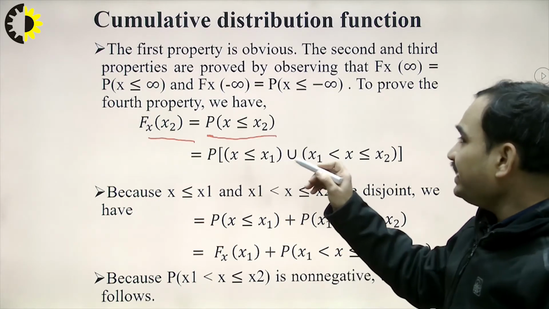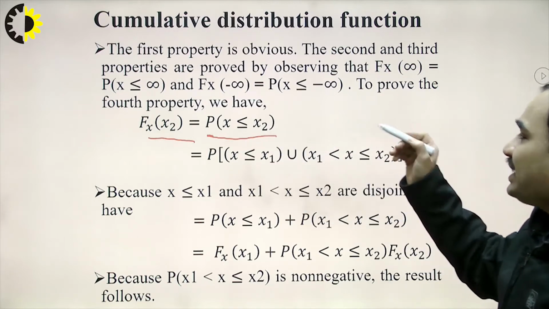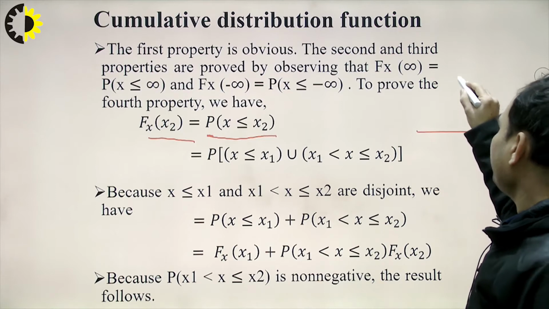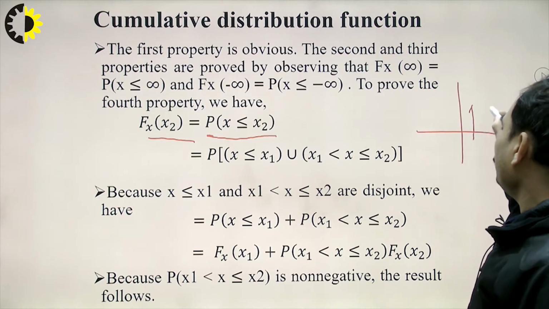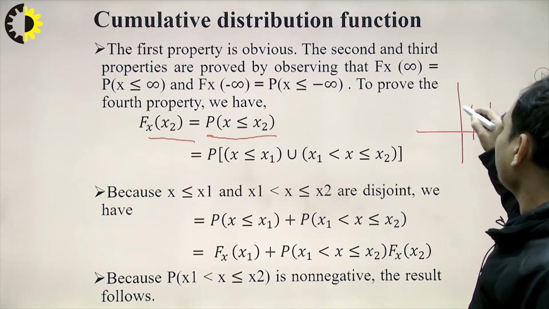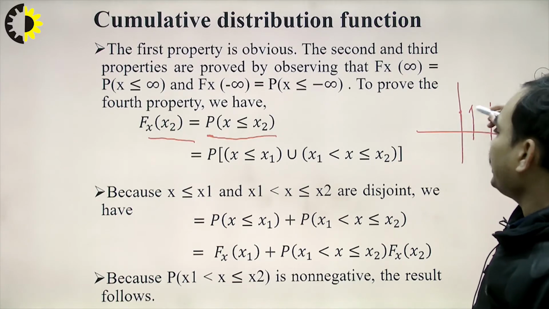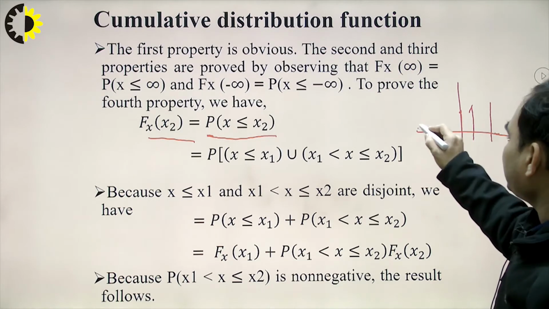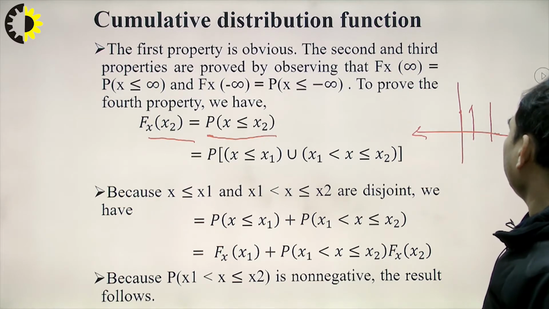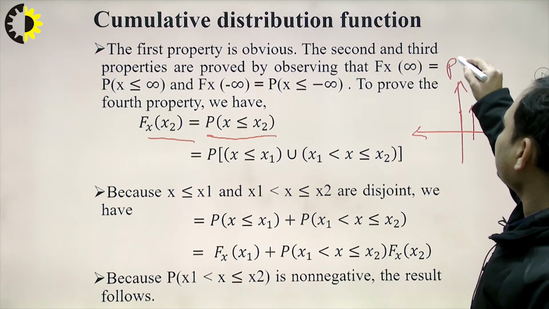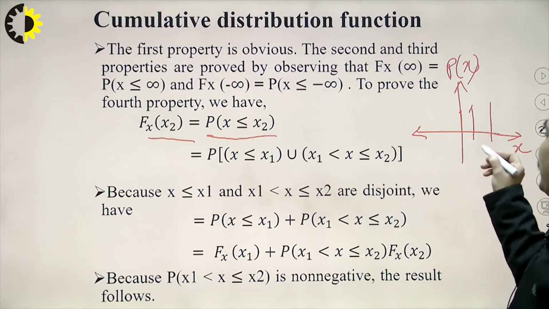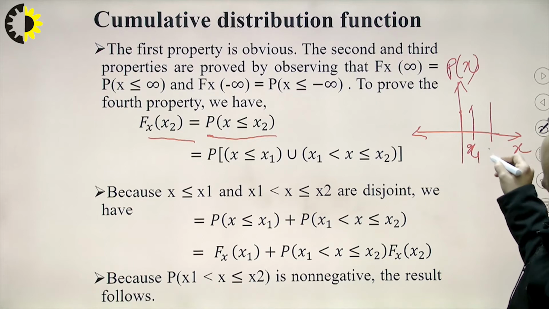We can write this probability, for example, for a discrete random variable having discrete values. So we can have these types of values. You can consider this as the x, and this is the probability of x. So we are considering these two points x1 and x2.